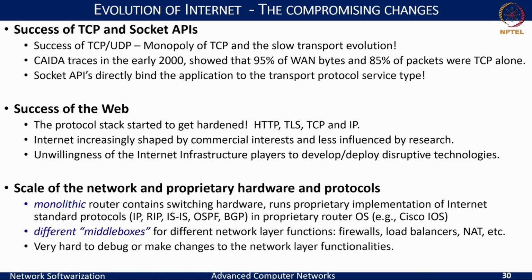And on the other end, when the scale of the network and the proprietary hardware and protocols started to build up, it made it even worse to intervene and try out any disruptive or progressive technological advancements on the internet testbed.